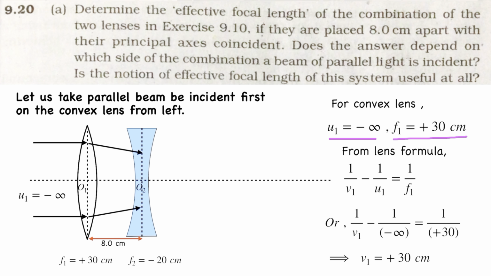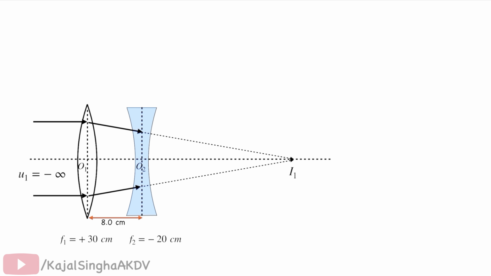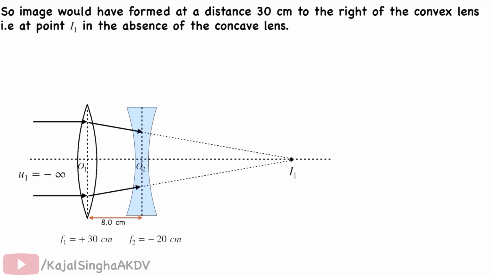So if the concave lens was absent, the convex lens would have formed an image at a distance 30 centimeter to the right of the convex lens, that is at point I1 in the absence of the concave lens.